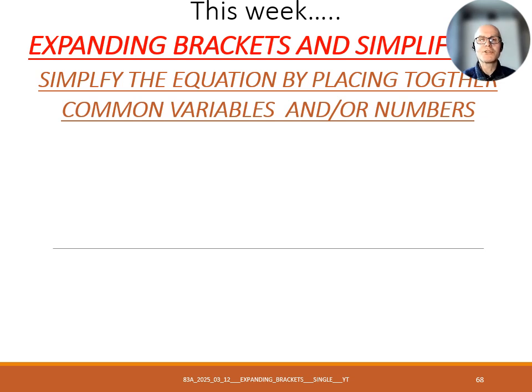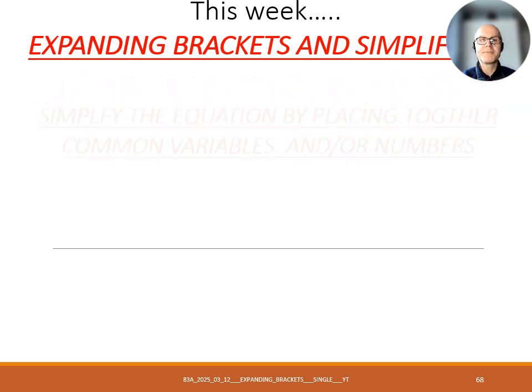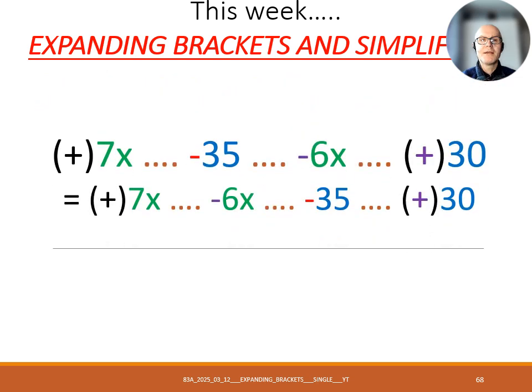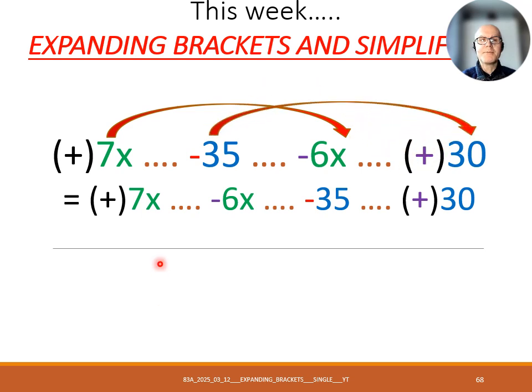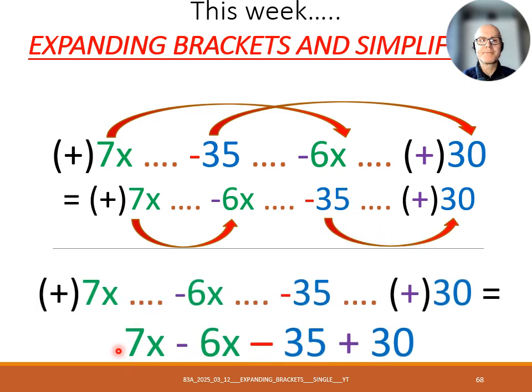Rearrange the 4 chunks so that we've got like terms and like numbers together. 2 lots of x's and 2 lots of numbers. Put them beside each other, but don't change signs into functions yet. Here's our 2 x's together, and here's our 2 numbers together.